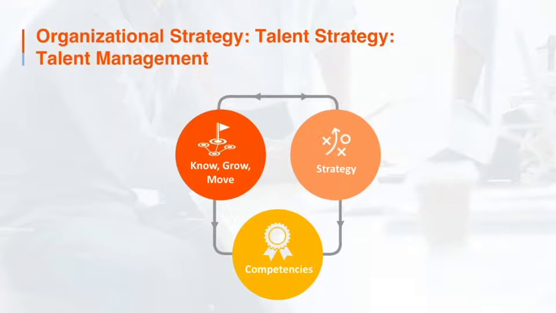What are we going to do different or differently? As you consider the organization's strategy, what are we going to do different or what are we going to do differently, it should inform and influence the way that you know, grow, and move talent. And not just the way that you know, grow, and move talent, but the type of talent that you're looking to know, grow, and move.